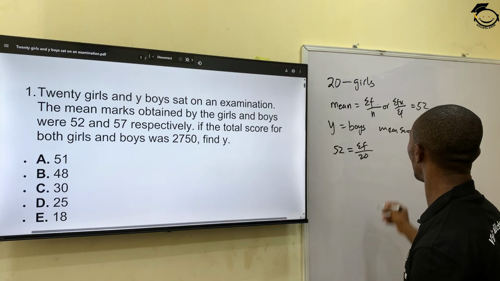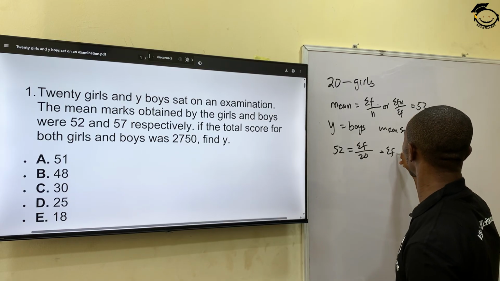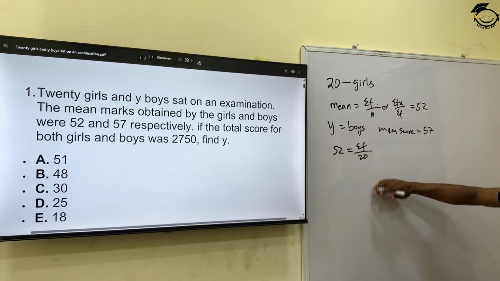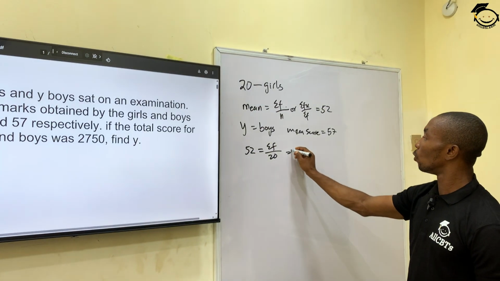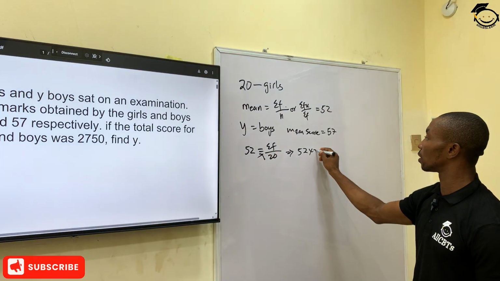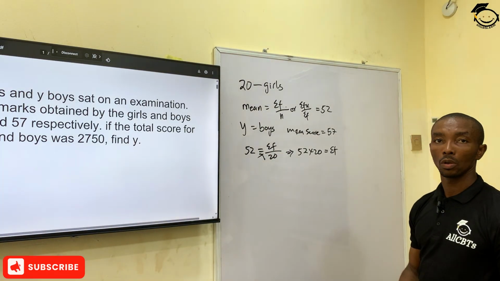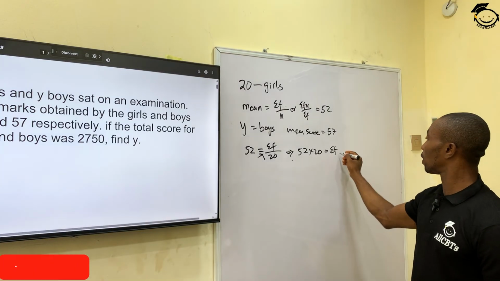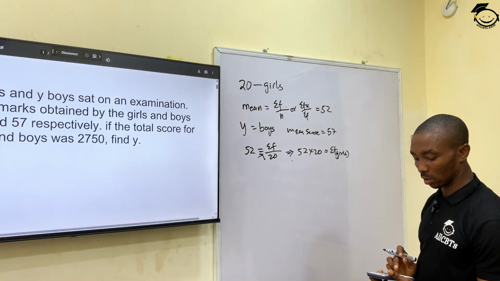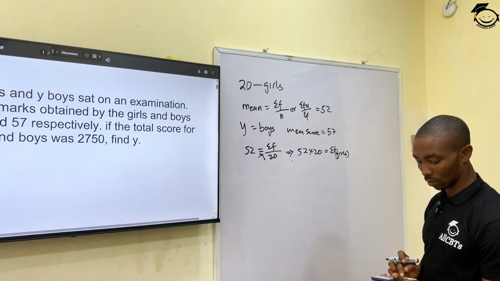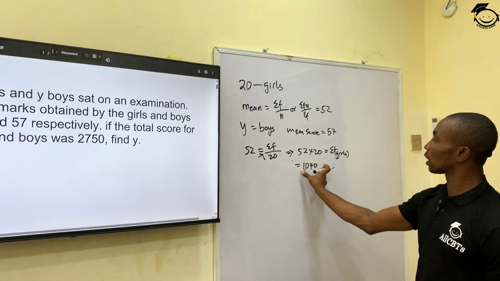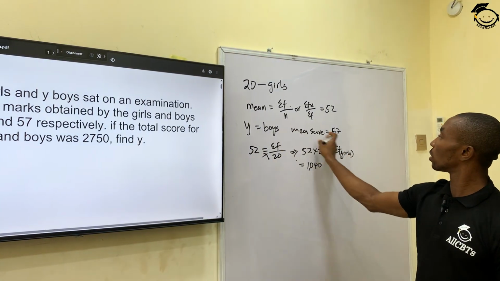If we cross multiply, we get Σf of girls equals 52 times 20, which will give us 1,040. So the total summation for girls will be 1,040.